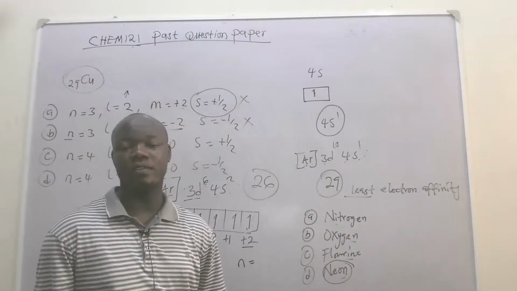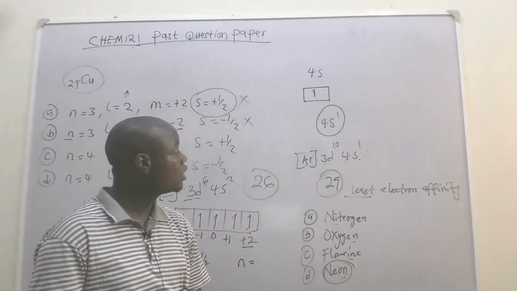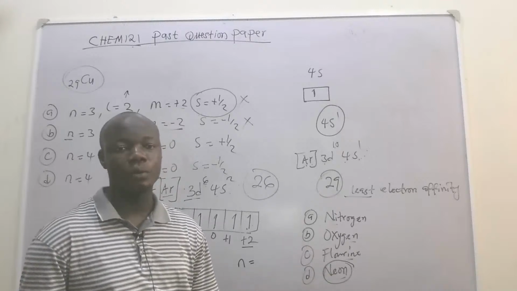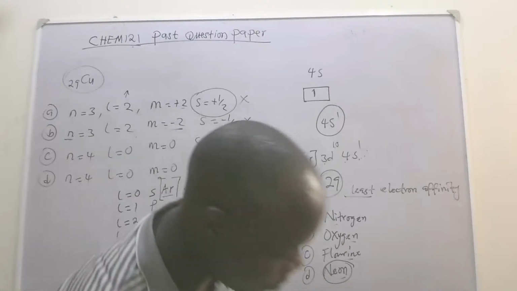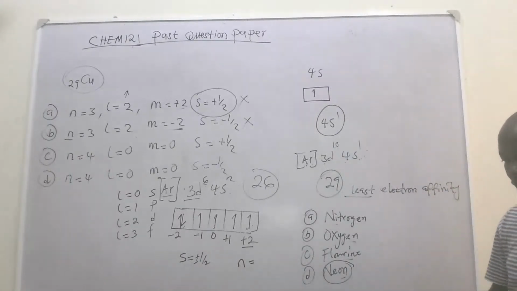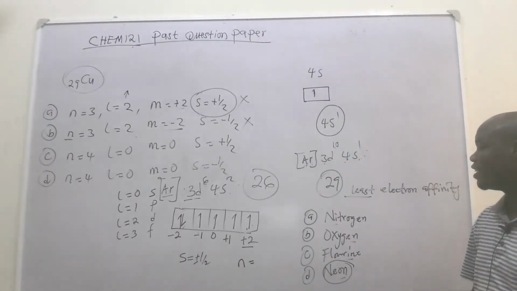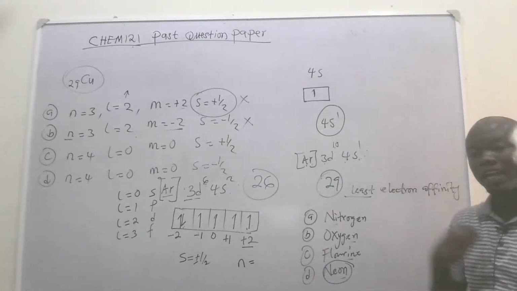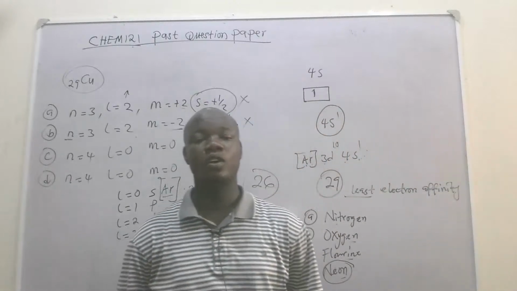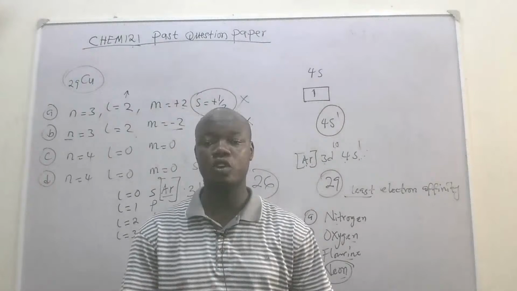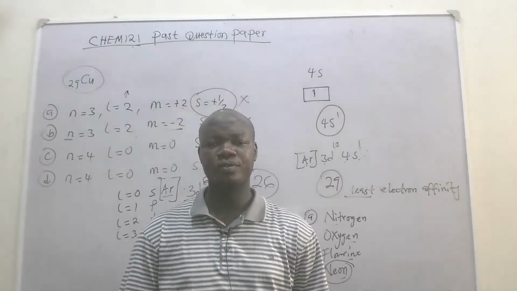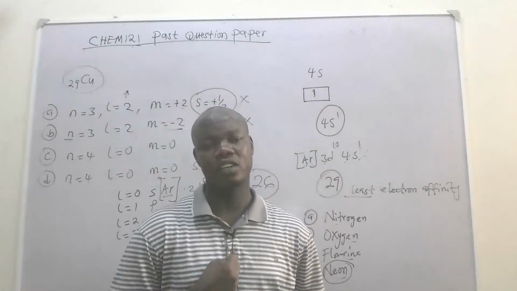But what is electron affinity? I think I have to use this medium to explain electron affinity and some other periodic properties of elements. Electron affinity is the measure of energy that an element requires to attract electrons toward itself.